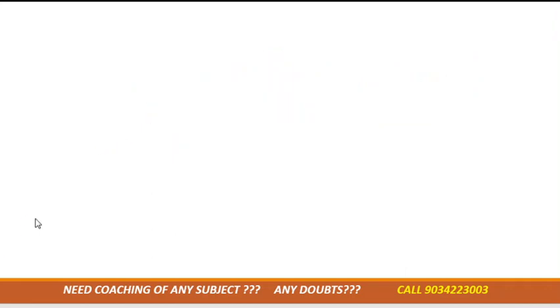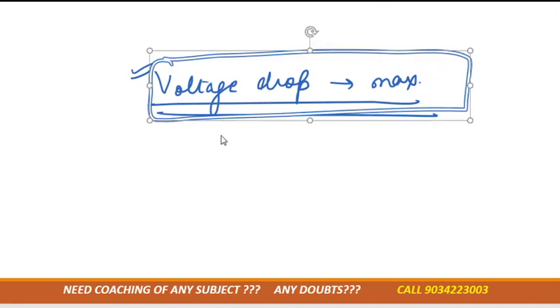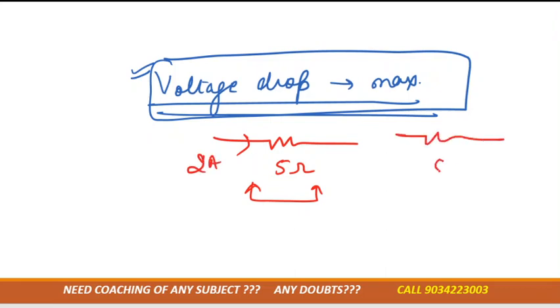Okay, now we'll start. See, what is the formula for the voltage? There is a resistance, suppose of 5 ohm, and there is a current flowing. Earlier the current was 2 ampere, and now the current increases from 2 ampere to 4 ampere.